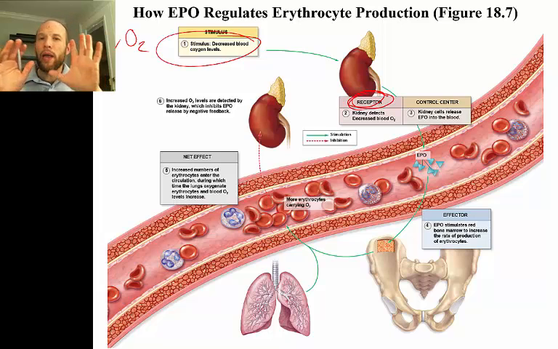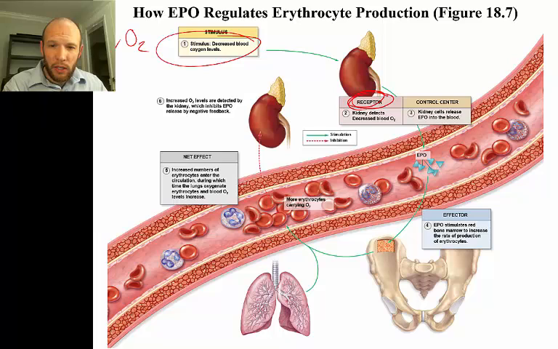And the kidneys say, okay, looks like oxygen levels are low. We're going to release a hormone. Yes, another hormone. A hormone to stimulate red blood cell production. And you see this abbreviation here, EPO. Right? You see that abbreviation EPO. And EPO is something called erythropoietin. Erythro.